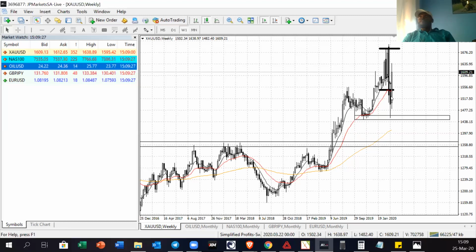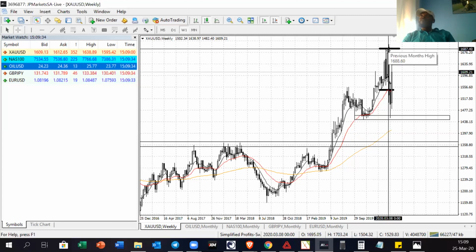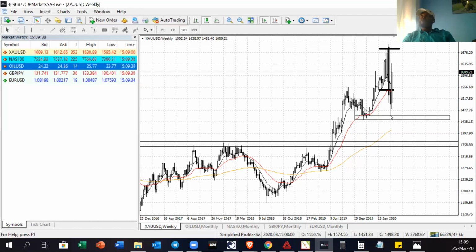This was a bearish signal for some, and we did see price move down for the last 2 weeks. It hit a low of 1,450, which is just above this moving average here. So there was support here, and we can also see the support that we dragged across from the monthly chart.